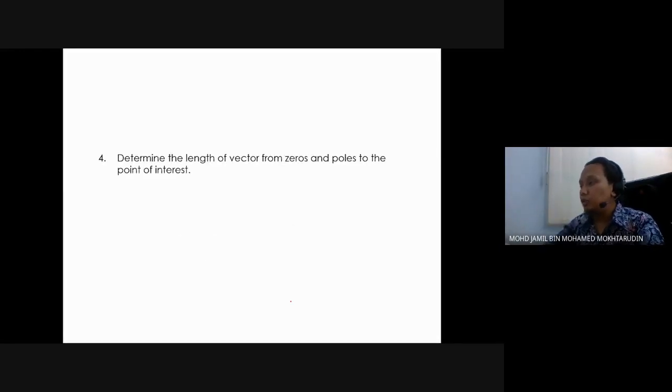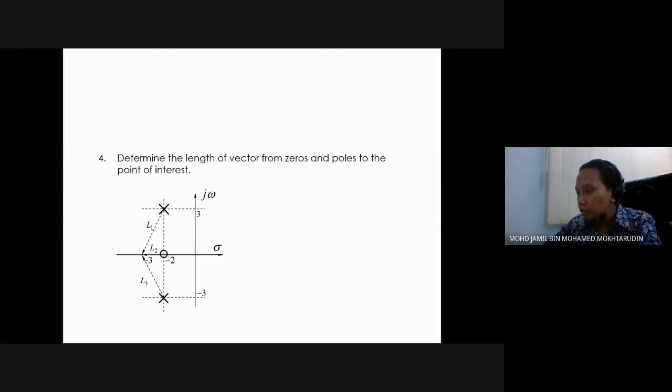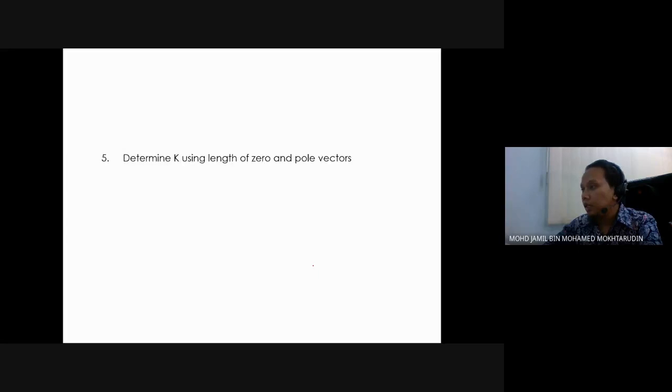Then you want to determine the value of K at the point of interest. First determine the lengths of the vectors from the zeros and poles to the point of interest. There are 3 lengths. You can use trigonometry, or you can use the square root of 3 squared plus 1 squared. So you get 3 values. Then to determine K, you use the formula.